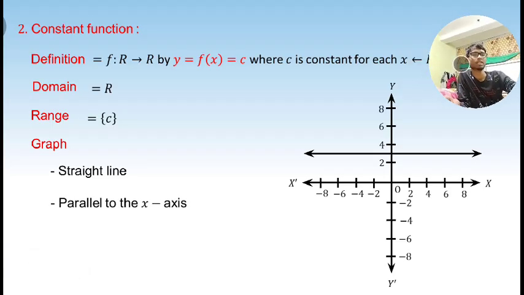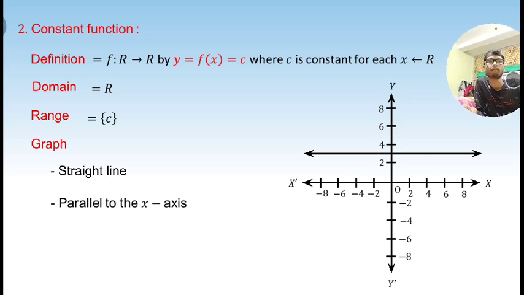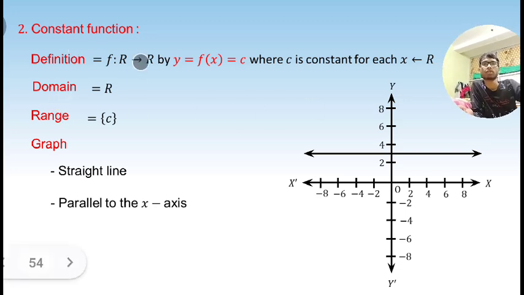Constant function, which means something is not moving. Let's explore this. Here is the constant function definition: if this is a function from R to R by y is equal to c, and it is a constant, whatever we put in x, we will get a constant, where c is a constant for each x belonging to R. The domain is R, the whole domain, and the range is c, a constant.